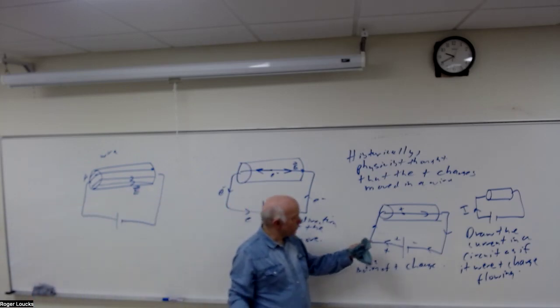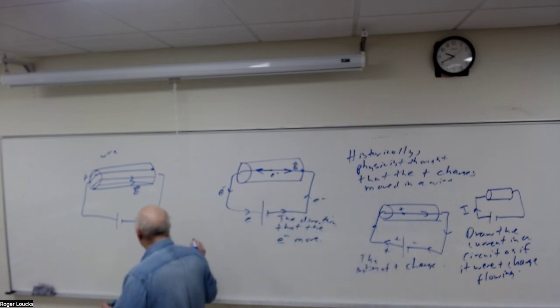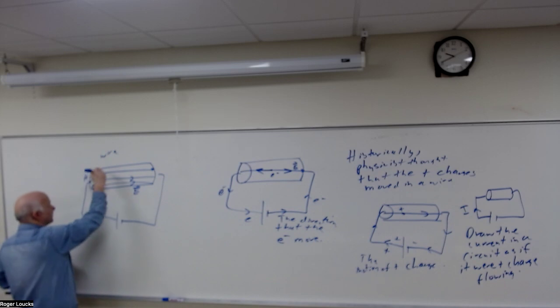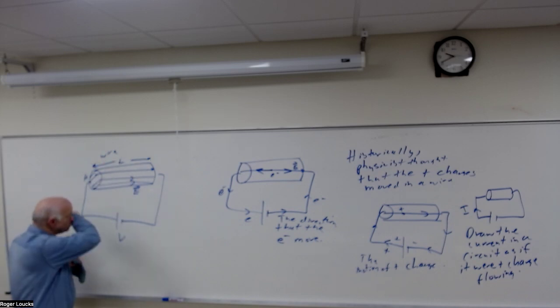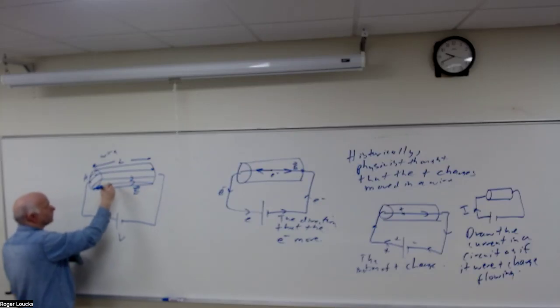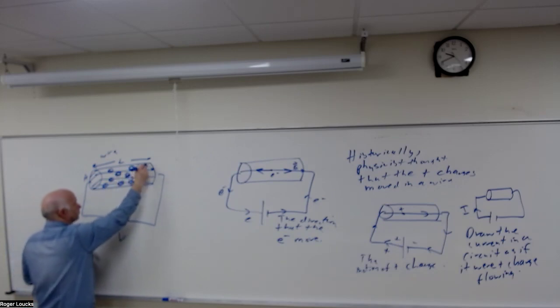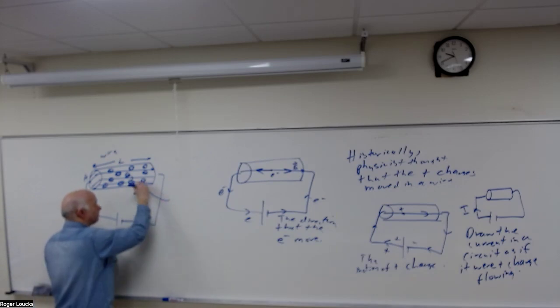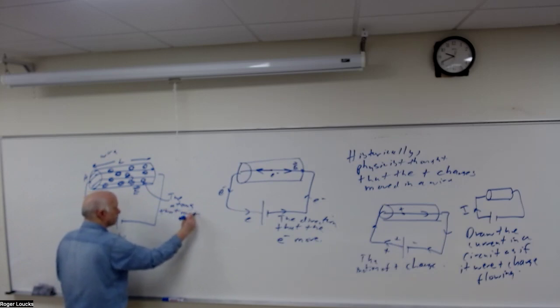Now, before I actually go through and do this, I still want to see what the electron's going to do because we need a little bit more stuff in here. I'm going to say the length of this wire here is L, and this voltage here is V. So if you were to look inside here, you'd have all these atoms that make up the wire.